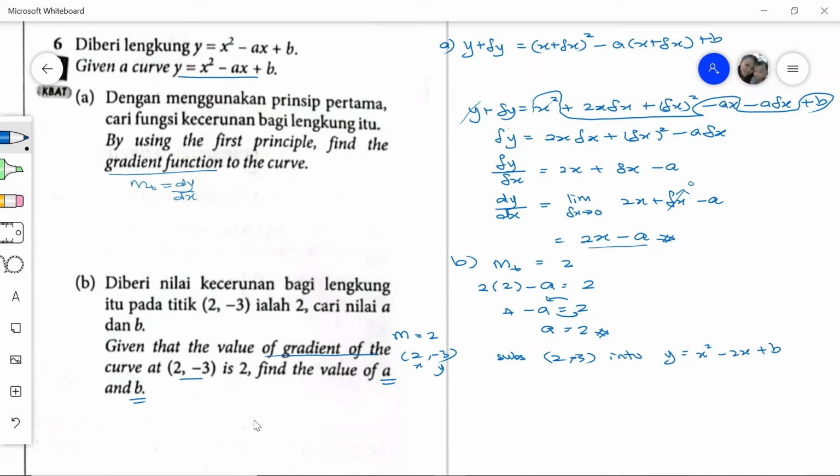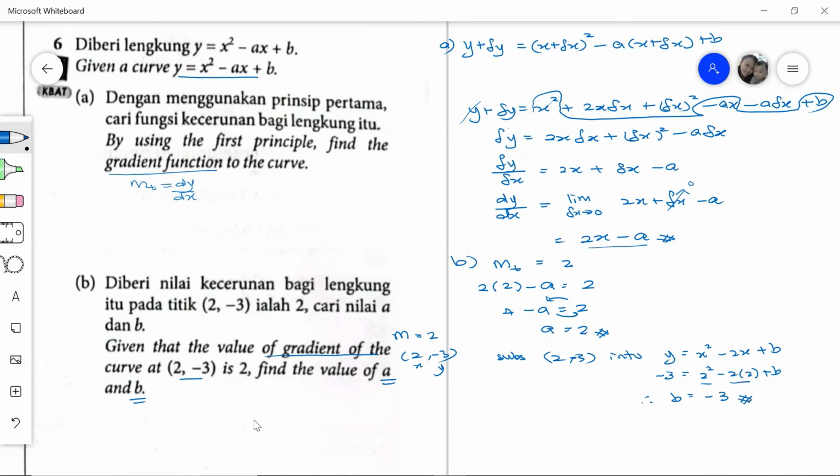Whenever we see y, we replace it with -3. Whenever we see x, we replace it with 2. So 2 squared minus 2 times 2 plus b. 2 squared is 4, minus 4, we got 0. Therefore, we got b equals -3.